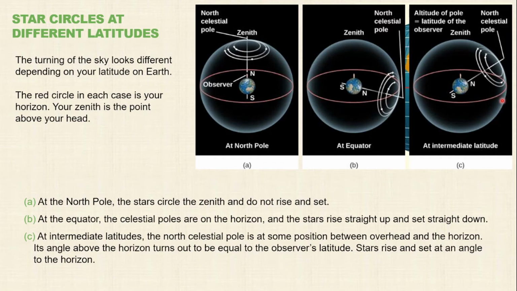Some stars would rise and set, but anything very close to the north celestial pole would only go in a circular path. And I can reverse this and look towards the south celestial pole, and it repeats itself.